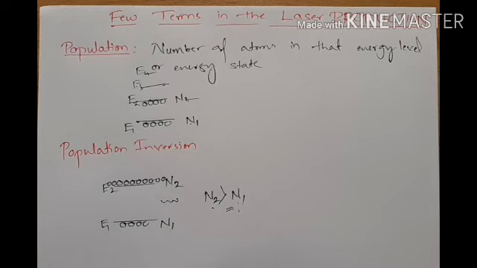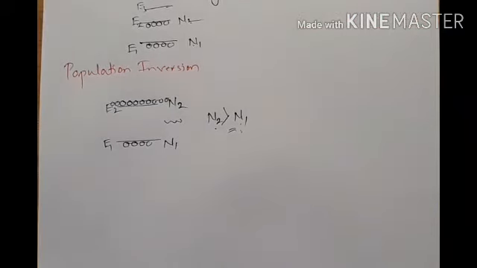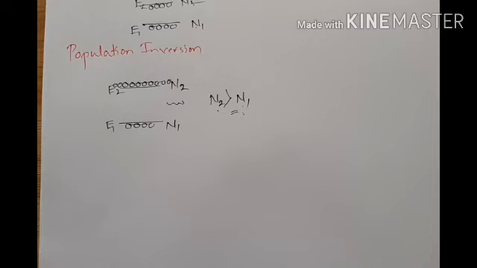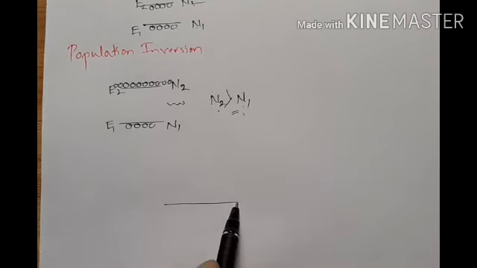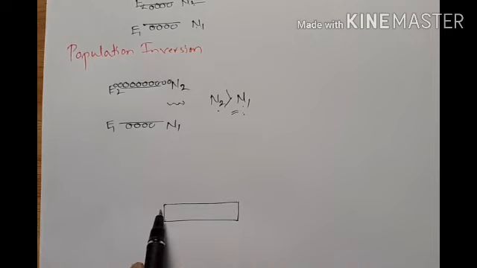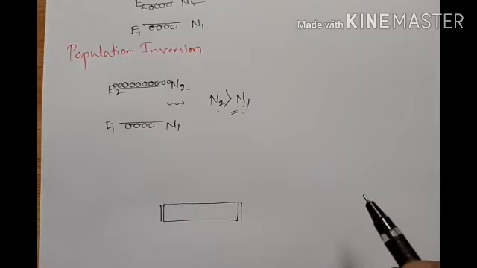So we will start with a schematic diagram of the laser. The schematic diagram is like this. We have a cavity. This is the cavity of the laser, which is fitted with two mirrors. This is one mirror and this is another mirror here.